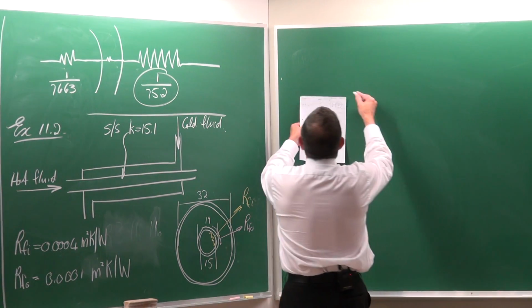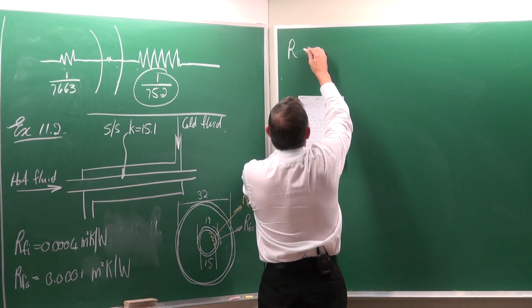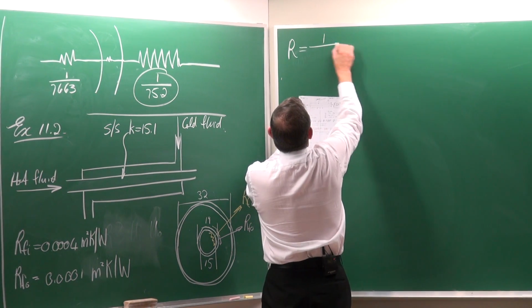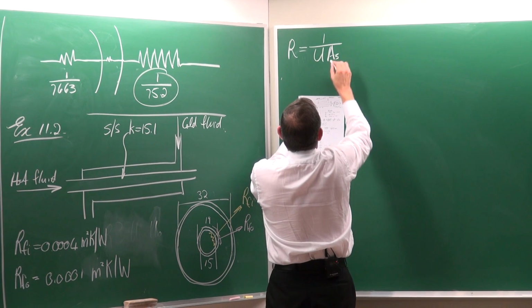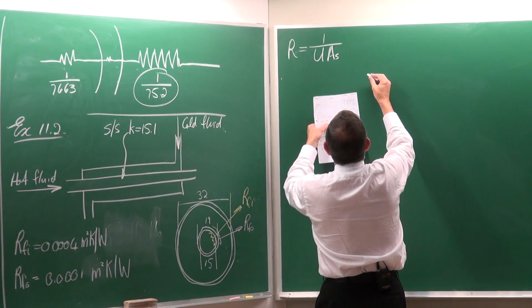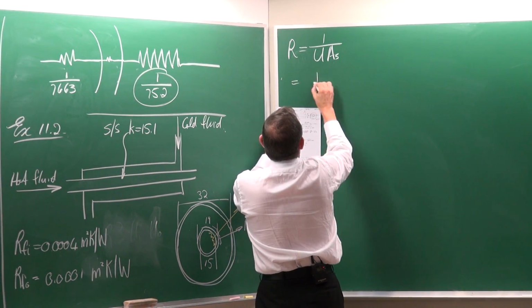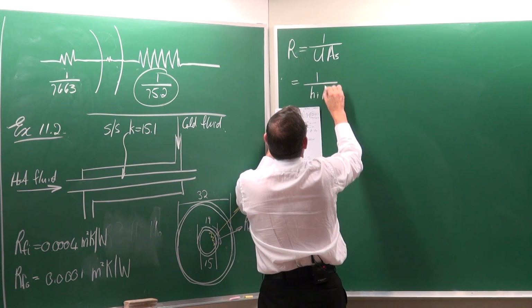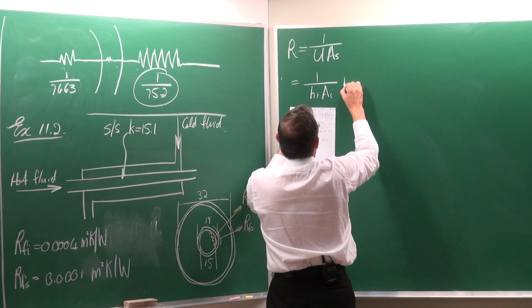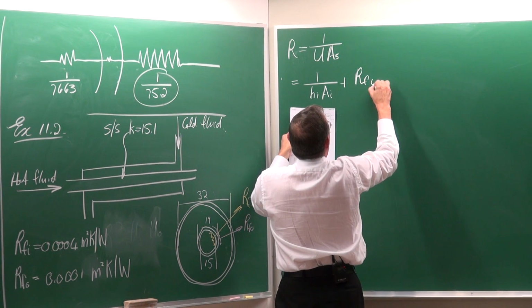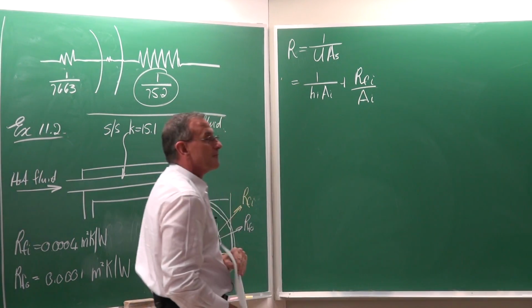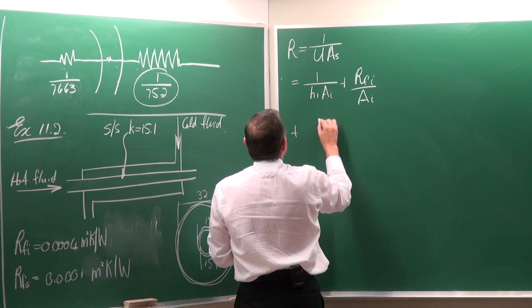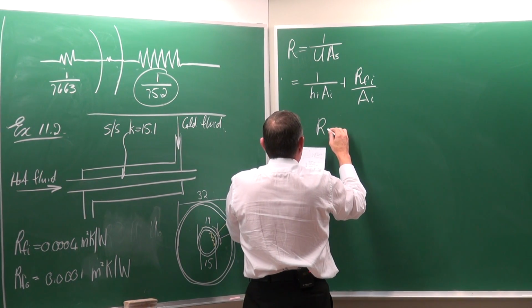Okay. So the total resistance is 1 divided by U times the surface area. And we can write it as 1 divided by the heat transfer coefficient on the inside times the area on the inside, plus RF on the inside divided by the area on the inside, plus the resistance of the wall.